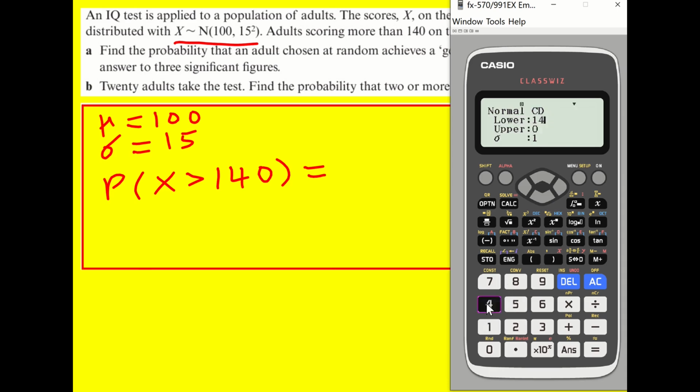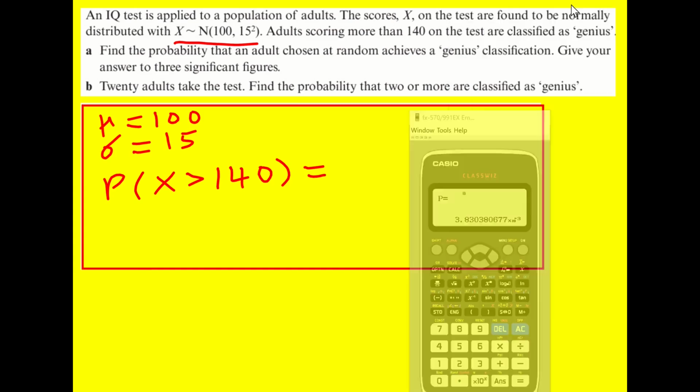The lower one, 140, the upper one, just make it big. Okay, and we get a number in standard form, it's going to be 0.00383.